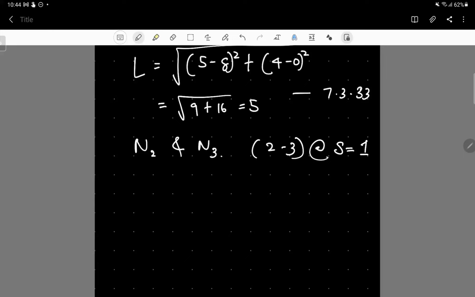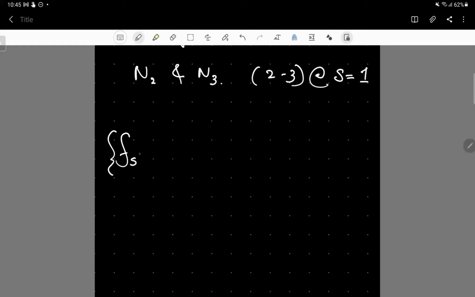Because of this, equation 10.3.2 becomes, for the surface traction forces along the edge S is equal to 1, this equation.